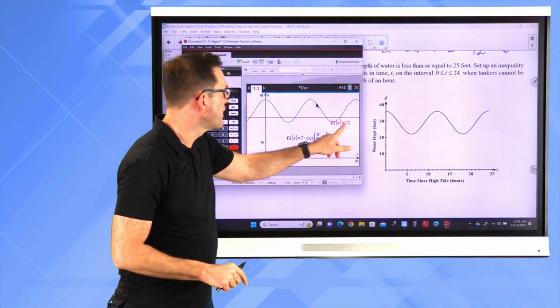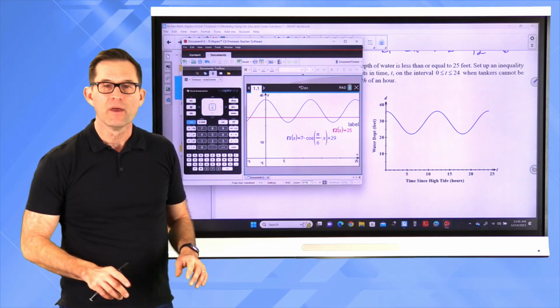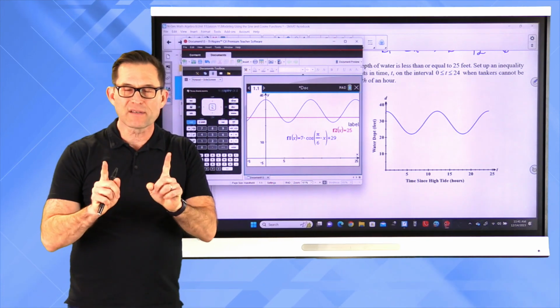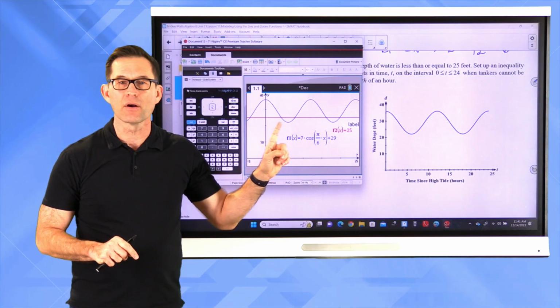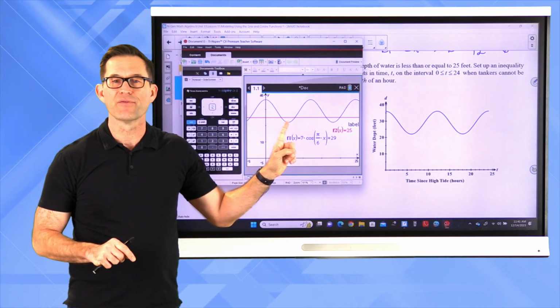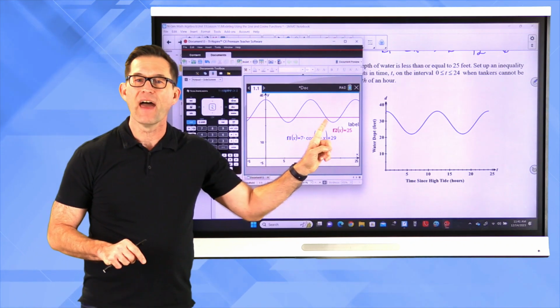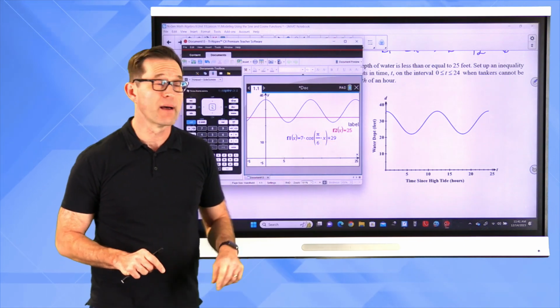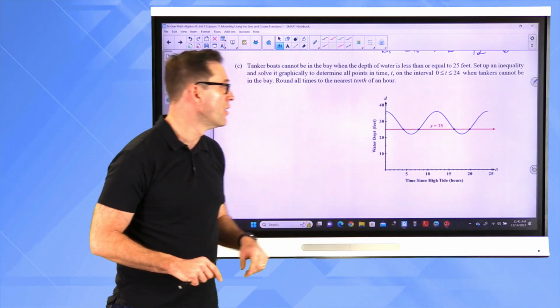So now, I know that's not the midline anymore, but I can really see that it's going to be problematic in here, right? Because that's when the tidal depth is below 25. And in here, that's when that tidal depth will be below 25, right?